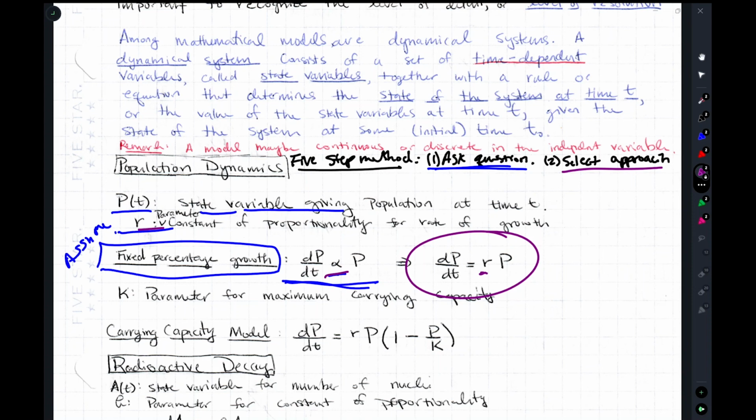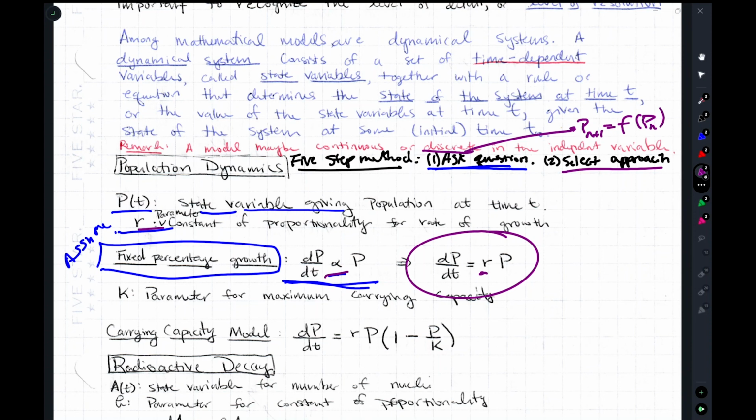Are we going to use differential equations? Are we going to use some sort of algorithm? Are we going to have a continuous model or a discrete model? A discrete model, basically, you have rules of evolution where you'll get, say, P of t plus 1, or to make that clearer, n plus 1, is some function of the previous step.